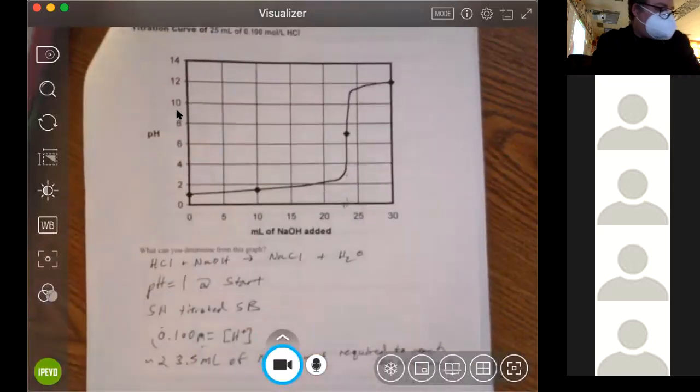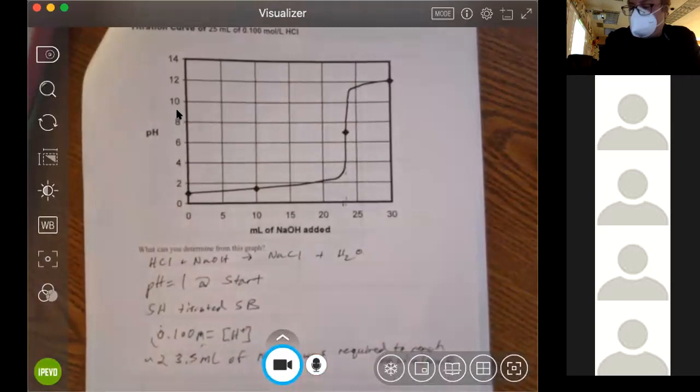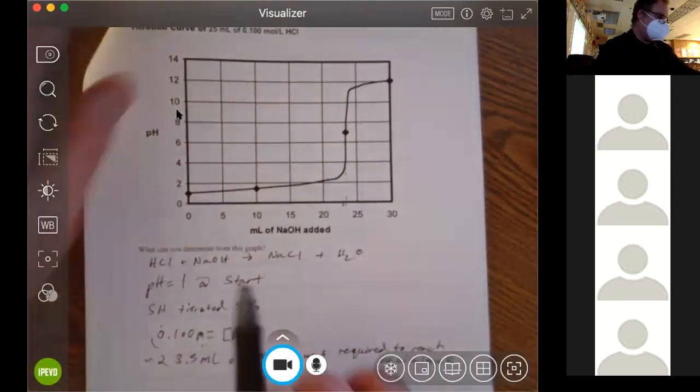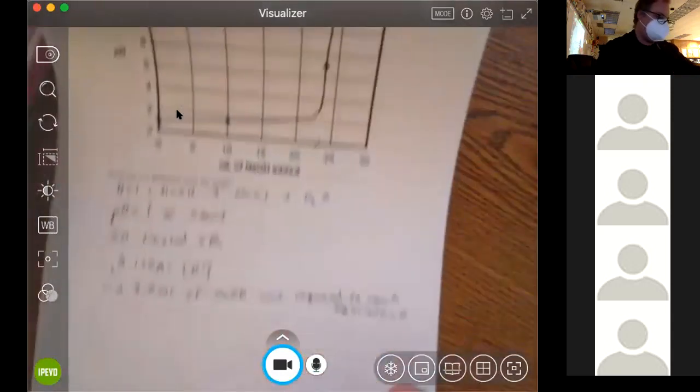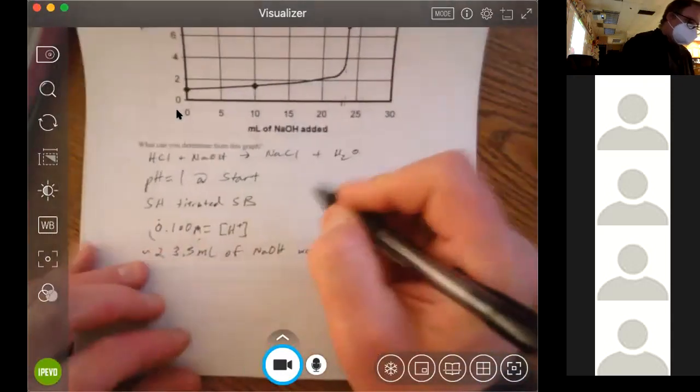How could you determine the sodium hydroxide concentration? Like what the concentration of this base is? Another way to do it is if we know the equivalence point.